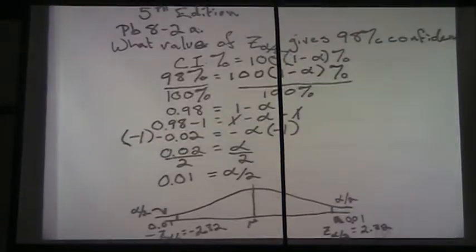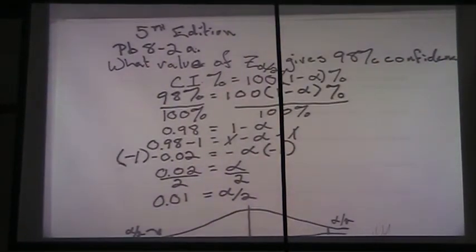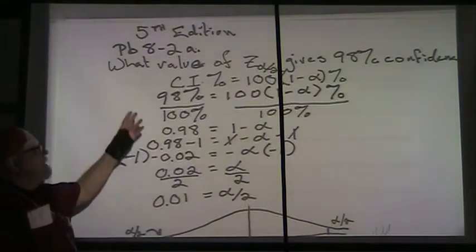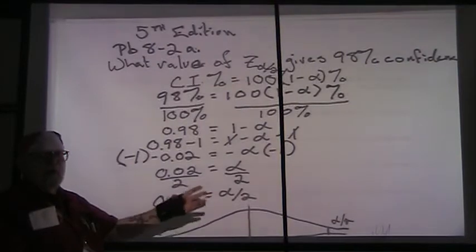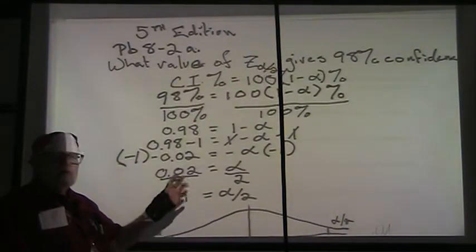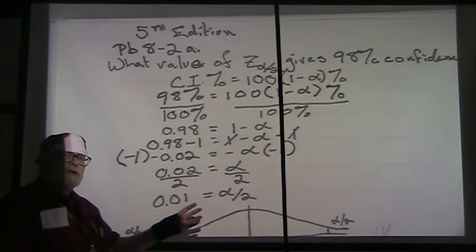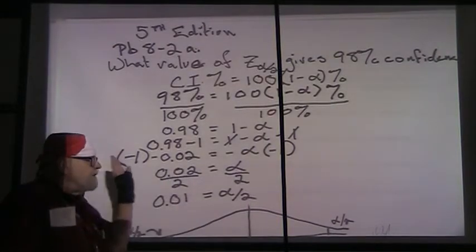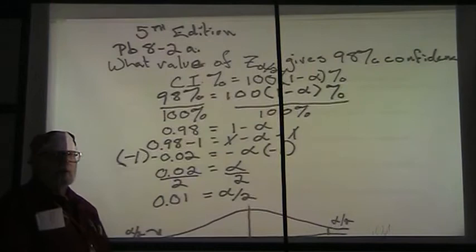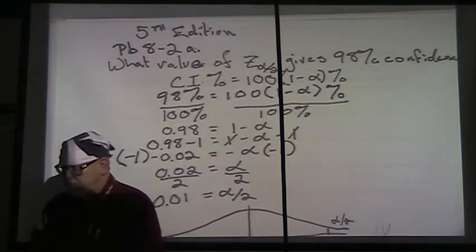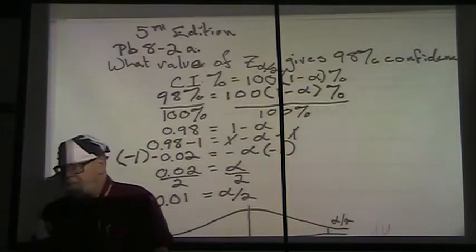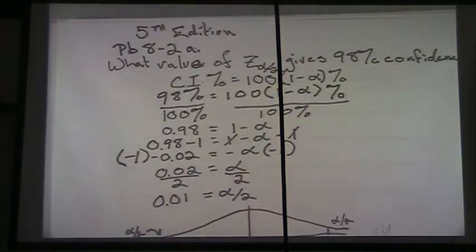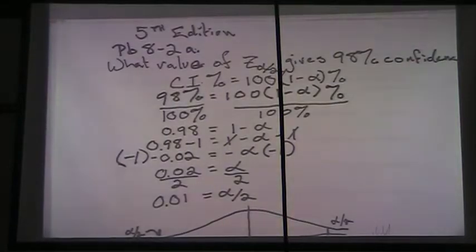But look, this math is simple enough that once you get used to it, you should be able to do this without even having to write it down. And I know I can hardly wait for that.